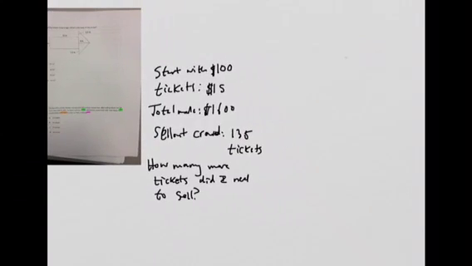Okay, so if we start with $100, I know that right there is just, we're starting with $100. And we want to end up here at $1,600. I know that it's $15 per ticket, so we'll do 15t plus 100 is equal to 1,600.